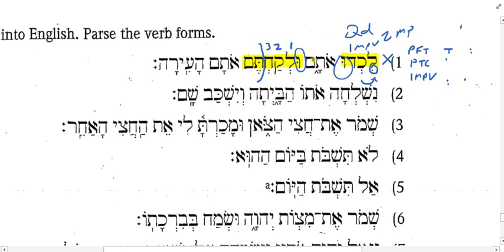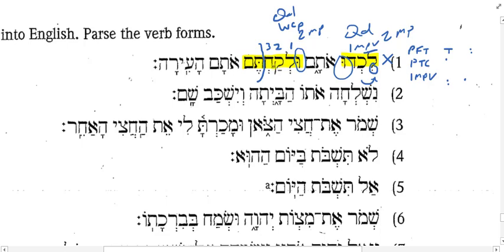But notice I have a vav in front of what looks like a perfect. So might it be a WCP with the semantics of the preceding imperative? That is a command, and so the semantics of WCPs will typically follow the first verb in the sequence. So this will be instructional as well. With tem, it's second masculine plural.